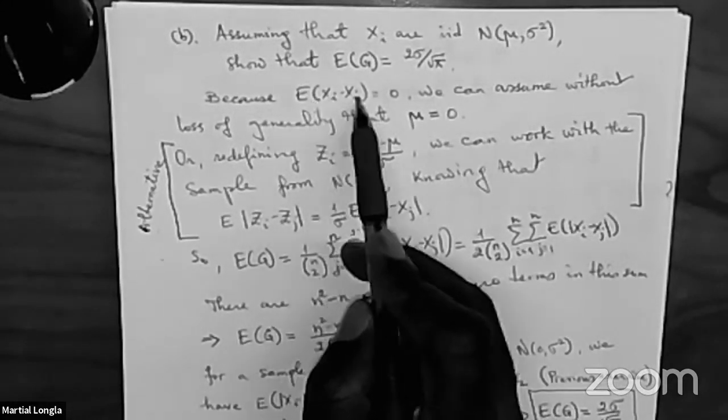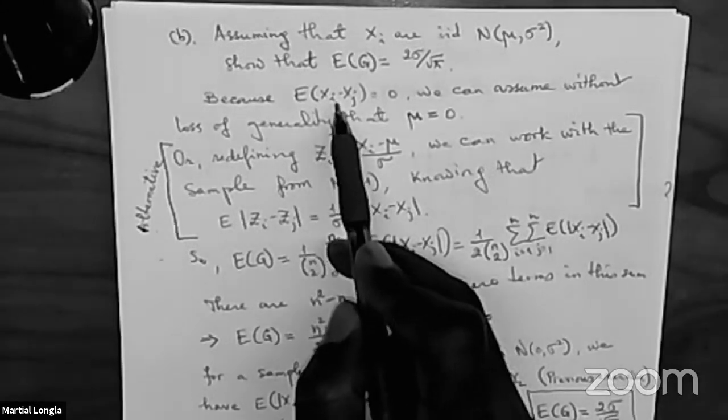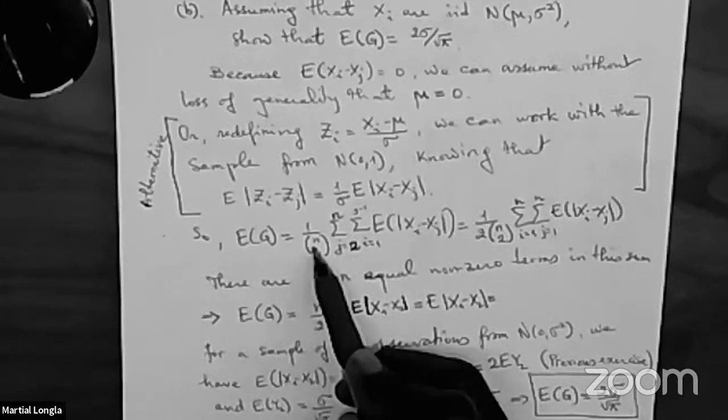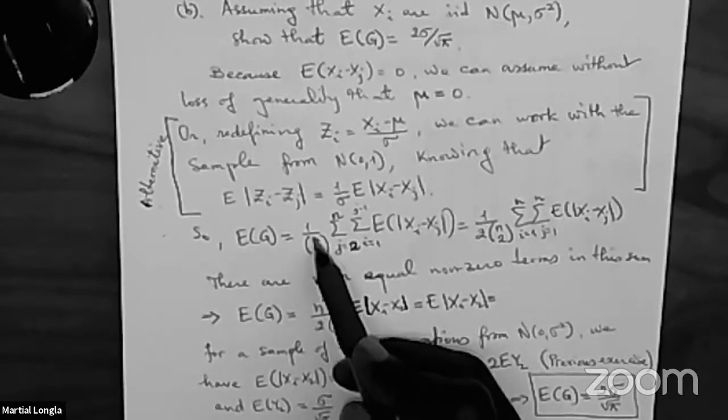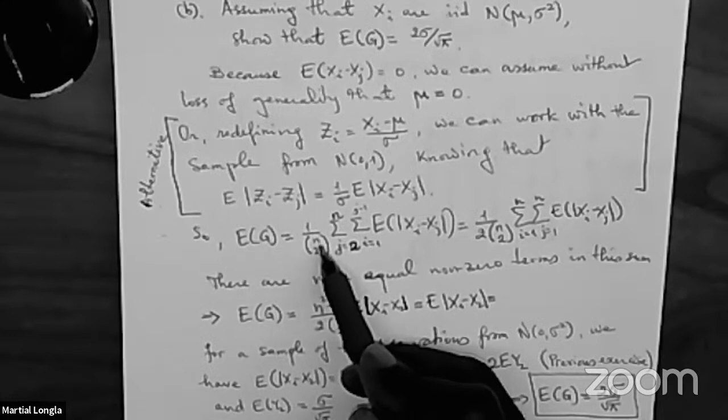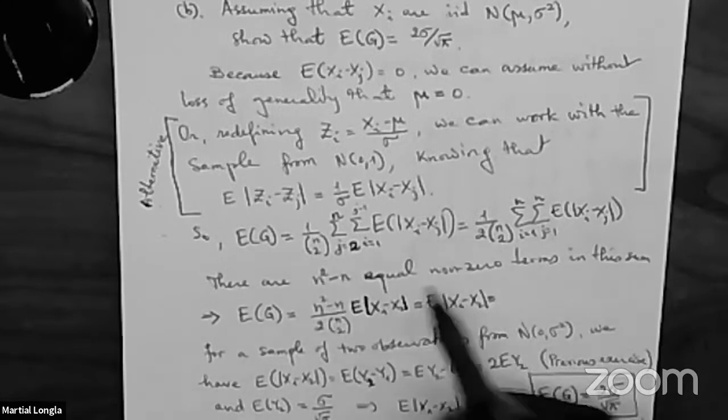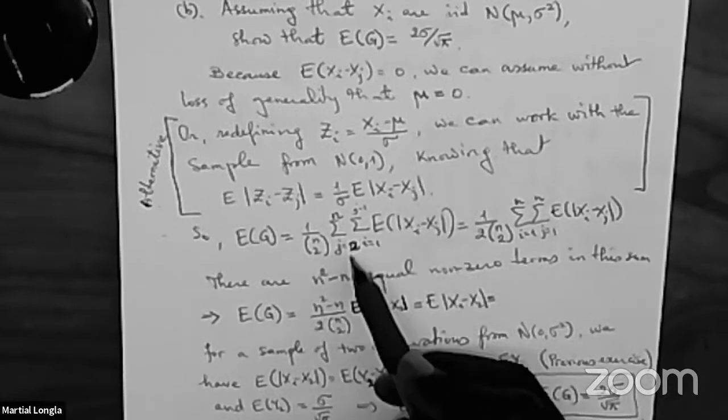Now, that will be true because you're dealing with xi minus xj. And if you do this transformation, the expected value of this random variable will be 0. So anyway, if you don't do that, you just start computing and you say the expected value of j is equal to 1 over 2 times n choose 2, then you compute the expected values that are here.